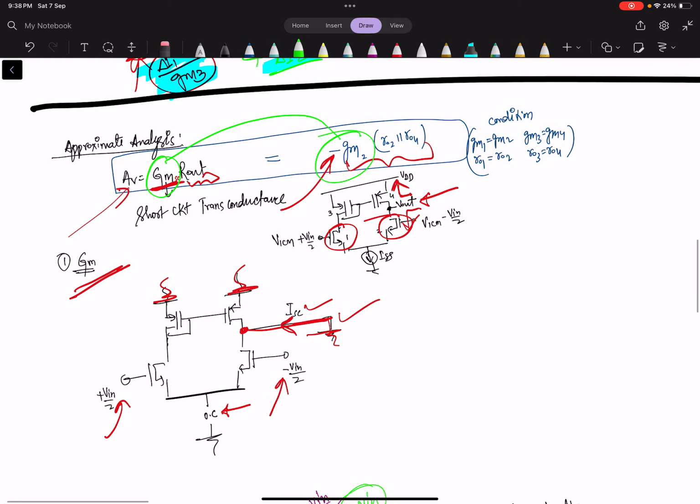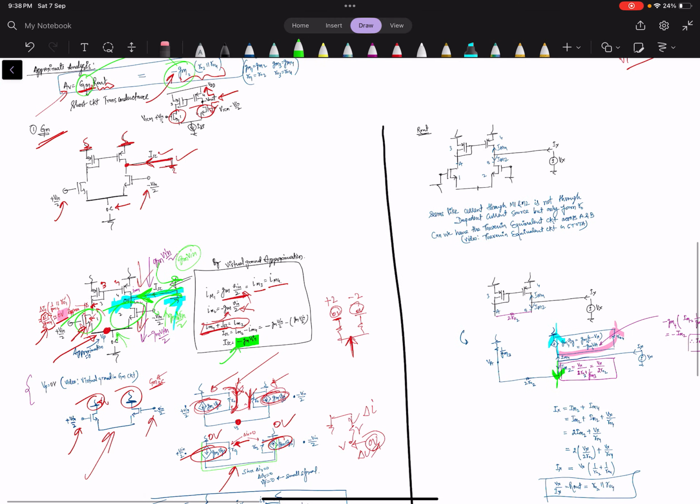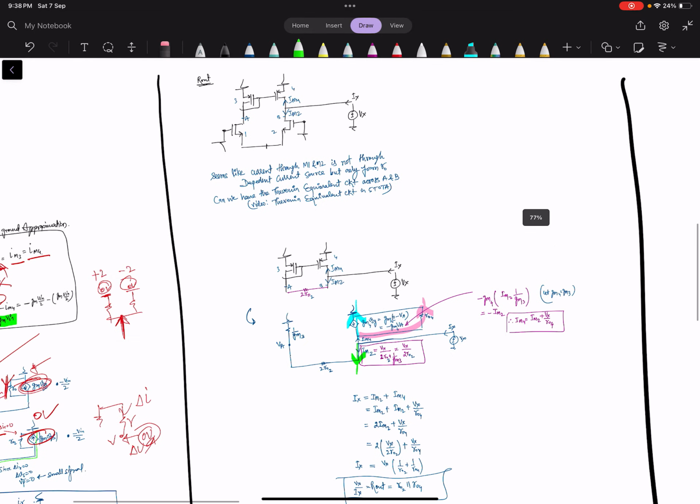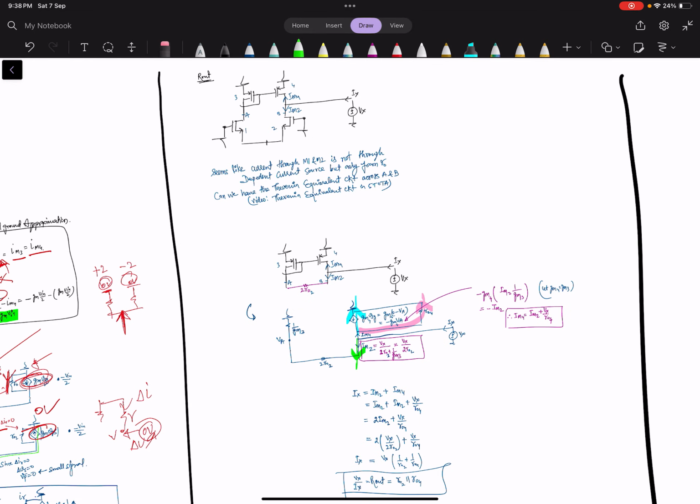Now let's see the R out. So how will we see the R out? Okay, for R out, open circuit, this will be ground, this will be ground, this will be ground, this will be ground, some voltage source, and the current from that voltage source will be used for defining the R out.